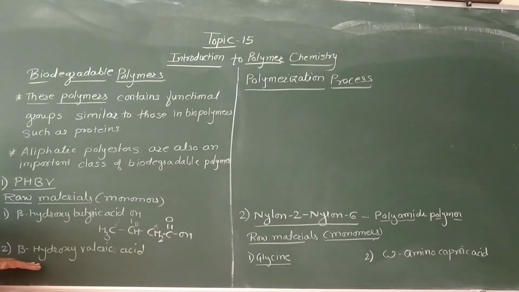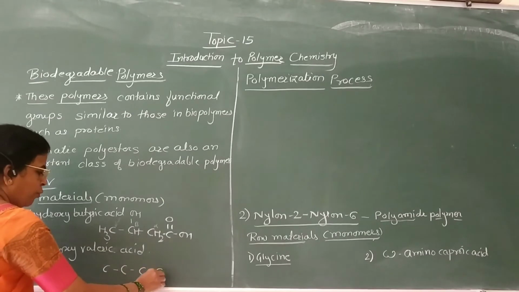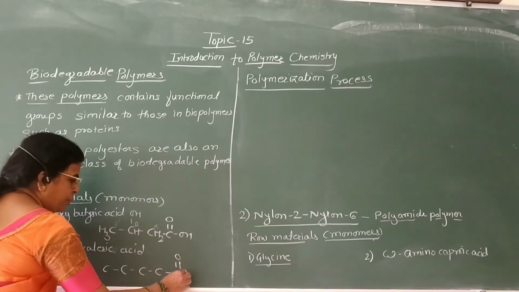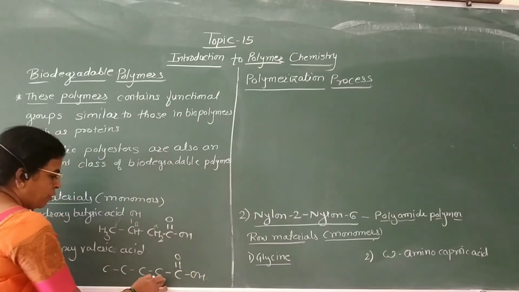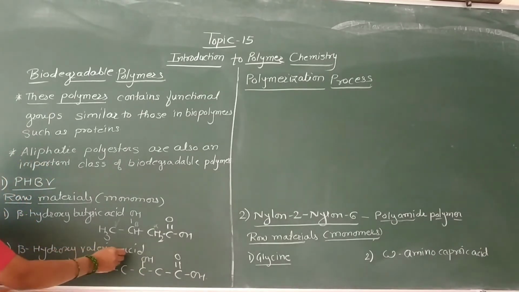Now the second is beta hydroxy valeric acid. Valeric means there are 5 carbon atoms, 1, 2, 3, 4 and 5. One carbon atom forms a functional group, that is, carboxylic acid. This is the alpha carbon atom and this is the beta carbon atom. The OH group is attached to the beta carbon atom, beta hydroxy valeric acid.